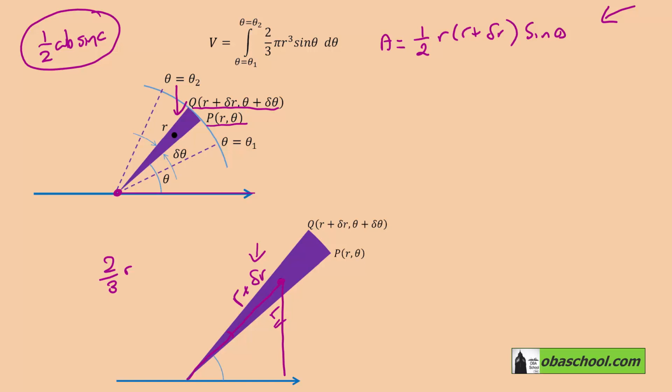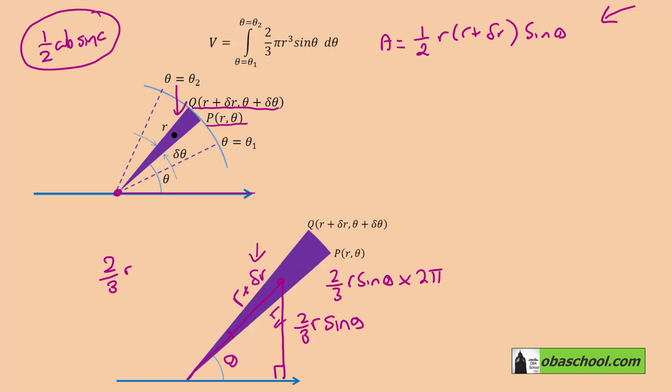And that means that if we form a right angled triangle here, this is 2/3 r sine theta. When we rotate that around the initial line by 2 pi radians, the distance moved will be 2/3 r sine theta times 2 pi.